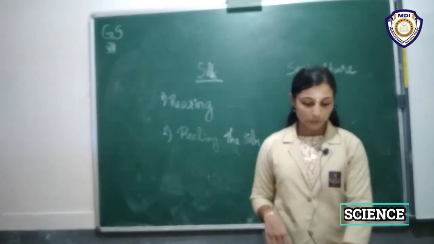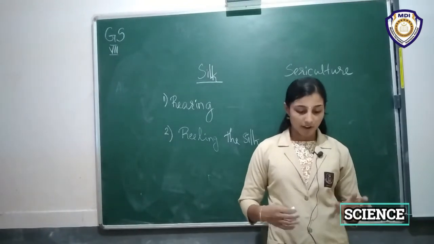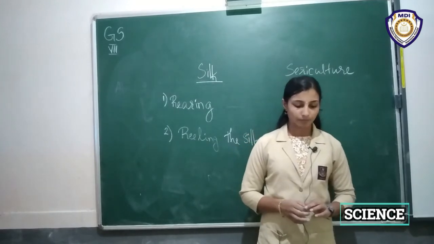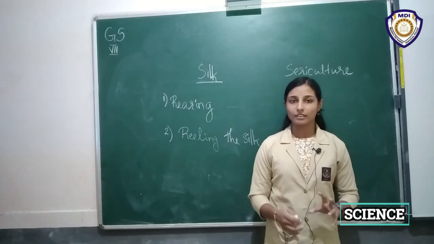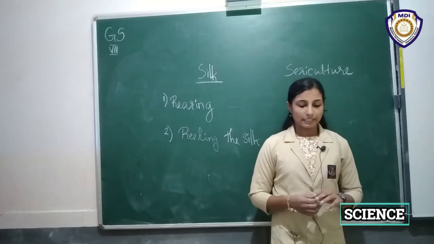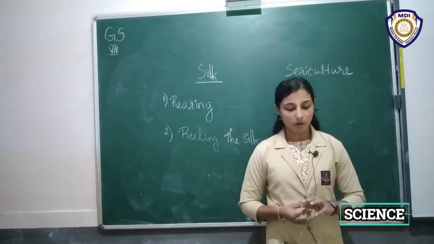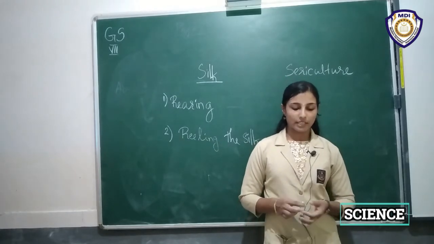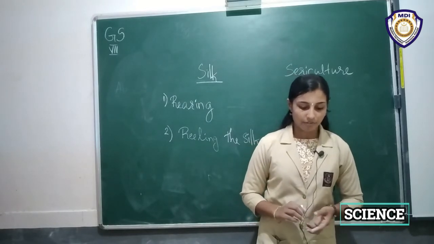So the empress found white worms eating up mulberry leaves. She also noticed that they were spinning shiny cocoons around themselves. Accidentally, a cocoon dropped into her cup of tea and a tangle of delicate threads separated from the cocoon.